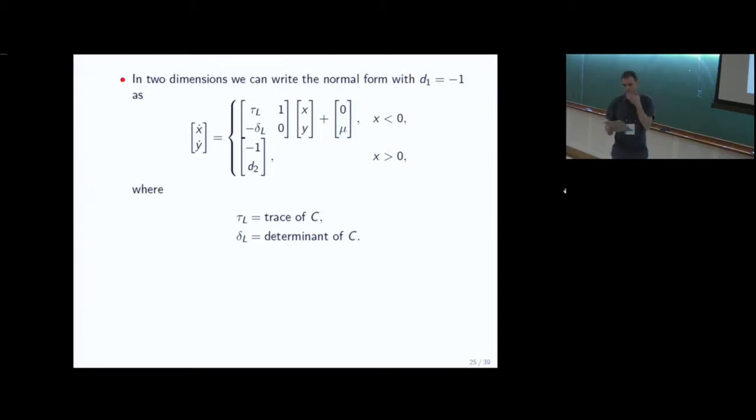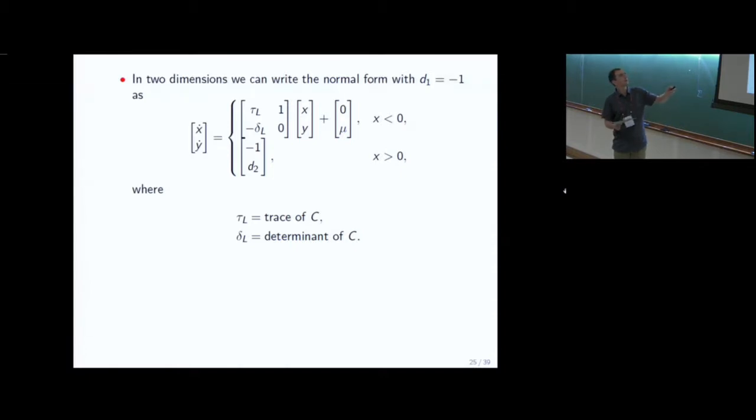Right, so yesterday we looked at the normal form for boundary equilibrium bifurcations. Let me describe the normal form in 2 dimensions. I'm going to use some different names for my parameters. Here's the matrix A, and yesterday the numbers in the first column were minus a1, minus a2, and so on.